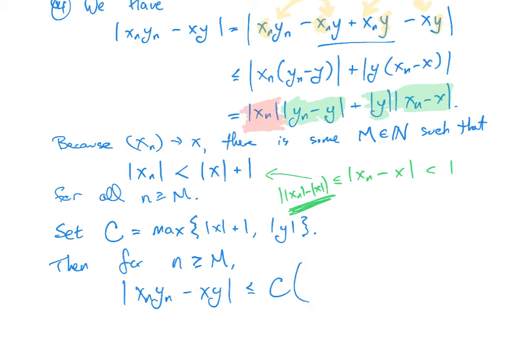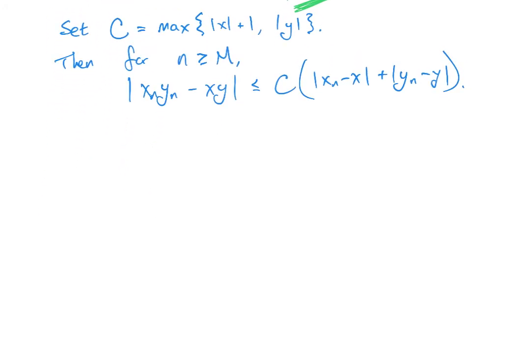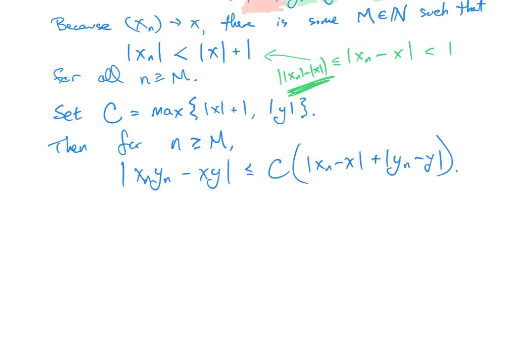And then what do we have? An xn minus x plus a yn minus y. Okay. So what exactly is happening here? Can you scroll up a bit? Yep.